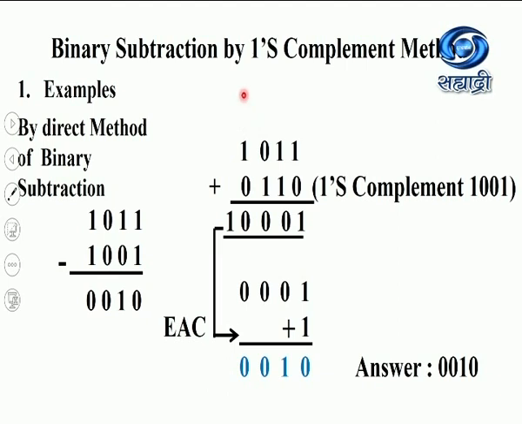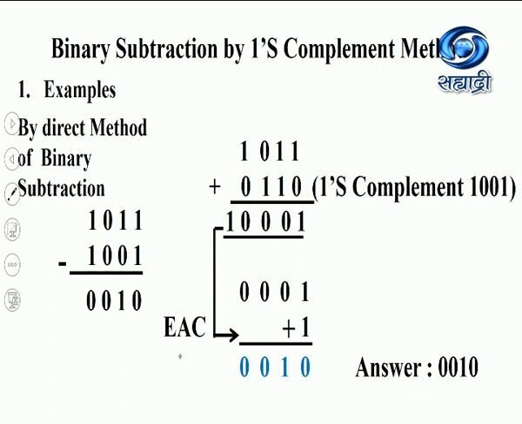So 1 plus 0, again sum is 0 and we have a carry. This carry we call the end around carry. We are going to add this carry to the remaining bits of the result, that is 1000.